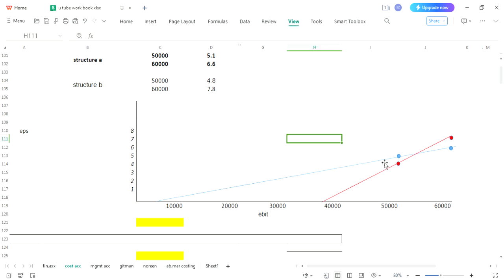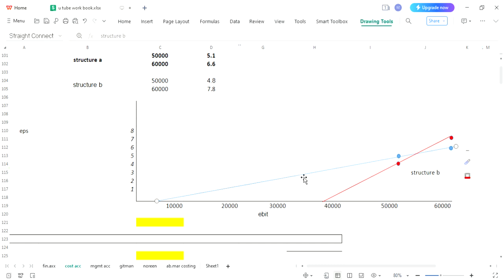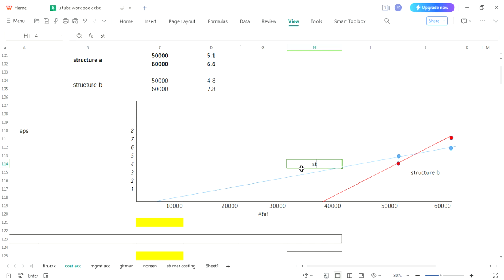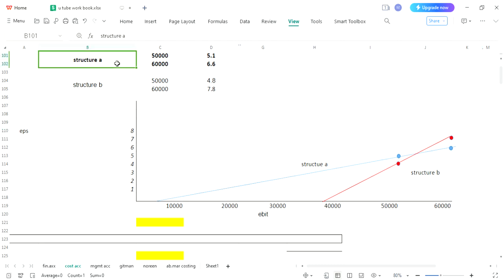Structure B is red. Here you can write it down. This is structure B, and blue line presenting over here is structure A. Now please remember that structure A is blue and structure B is red.